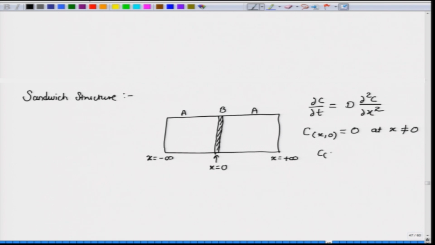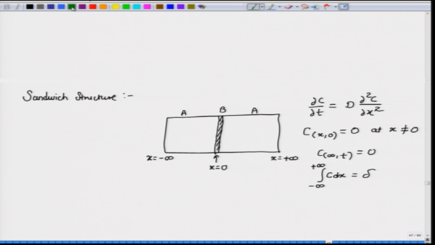Boundary condition again, C at plus infinity at any time t is 0, and then the total amount of B, which is basically the integral of C dx, should be equal to delta, and the limit of integration here would be minus infinity to plus infinity.